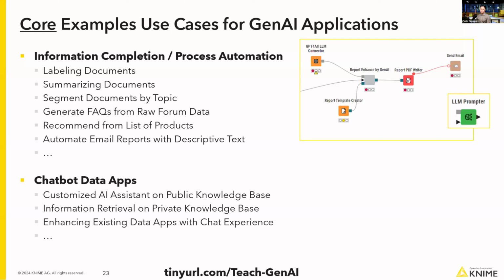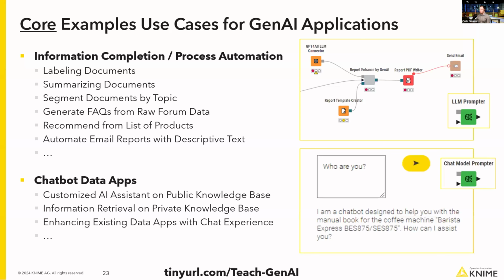We basically offer the chat model prompter node, and you can use it with the widget nodes and the refresh button node and so on, and you can really create chat applications that check the knowledge of your company through vector stores, retrieval augmented generation, and conversational agents. We also have an agent node based on LangChain. So if you want to go down this route, KNIME offers the features for that.